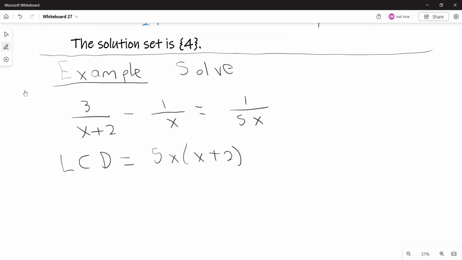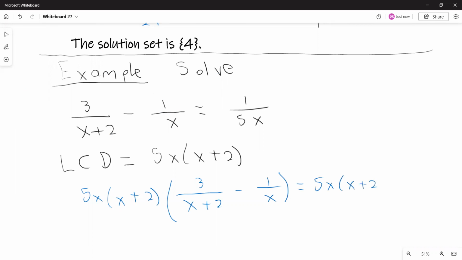Okay, we're going to multiply the least common denominator to both sides of the equation. So this is the least common denominator. We're going to multiply it to both sides. Okay, so 5x times x plus 2 times 3 over x plus 2.